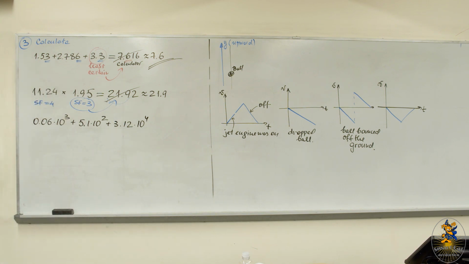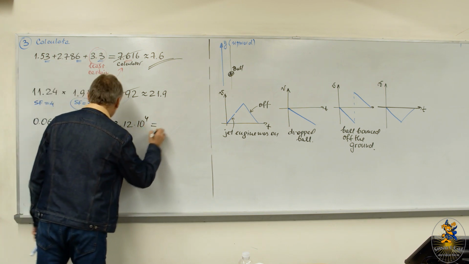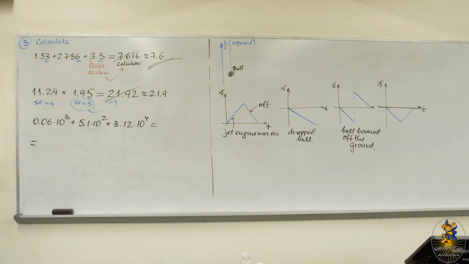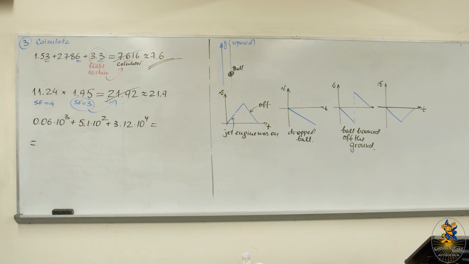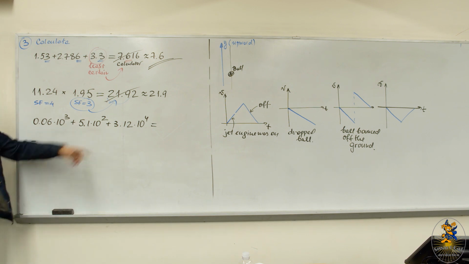Okay, so first we need to rewrite it in such a way that all this 10 to the power of something will be exactly the same in all three terms. Let me keep 10 to the power of 2.